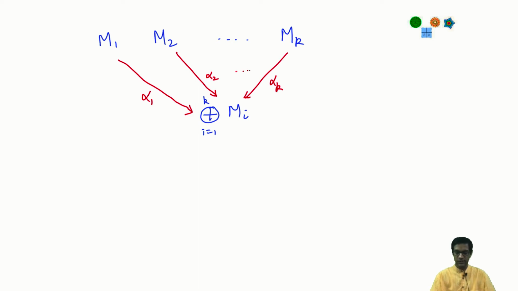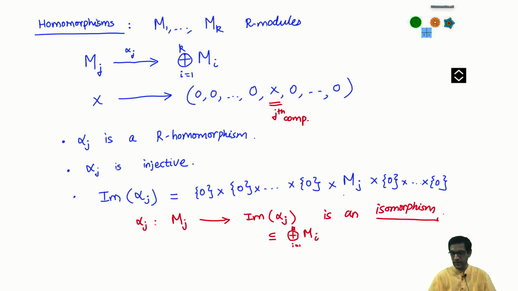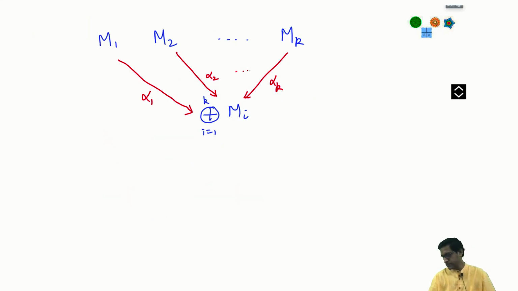So I have all these homomorphisms, and each homomorphism does the following. It takes the corresponding Mi isomorphically to a copy of itself which sits inside the direct sum. And the way it sits inside is what we described right here. It's zeros everywhere else, and only in the jth component you keep Mj as it is. Okay, so this is one way of understanding what the direct sum really is.